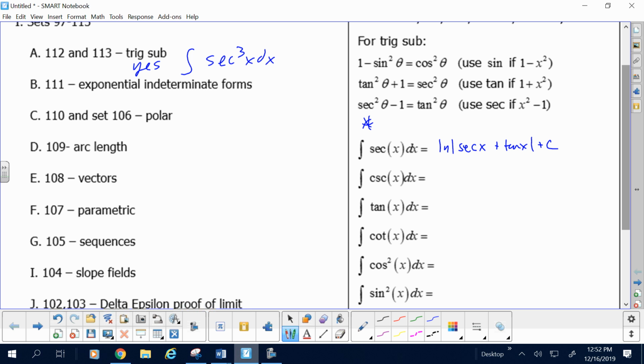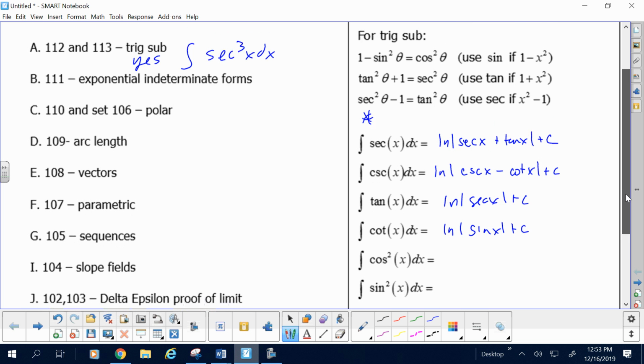What about cosecant? Natural log of cosecant minus cotangent. All right? Tangent, which if you got stuck, you'd use sine over cosine. But what is it quickly? Okay? And cotangent. Again, you could use substitution if you didn't remember.